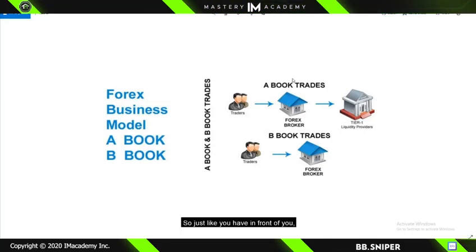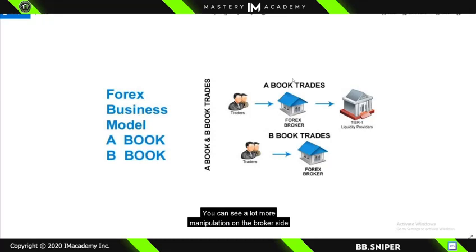Just like you have in front of you, you have traders, the forex broker, and your liquidity provider, and you see that little symbol on the top says bank. Remember that in your head. That's an A book broker. A B book is where the forex broker trades against you.